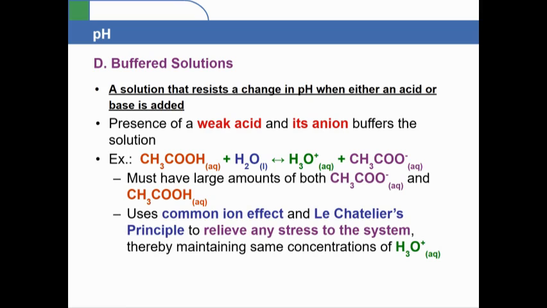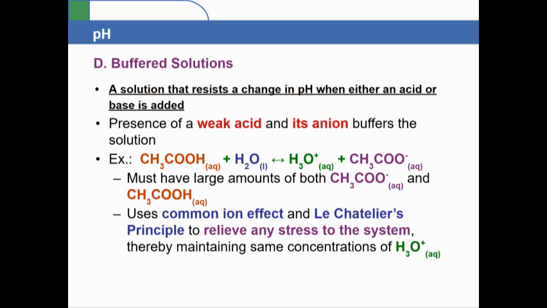And the way this works is that it basically uses Le Chatelier's principle and the common ion effect that I taught you in the previous unit. It basically relieves any stress to the system, thereby maintaining the same concentration of H3O. In other words, if you add a bunch of H3O, then it will shift to the left and bring the H3O back down to the original levels.